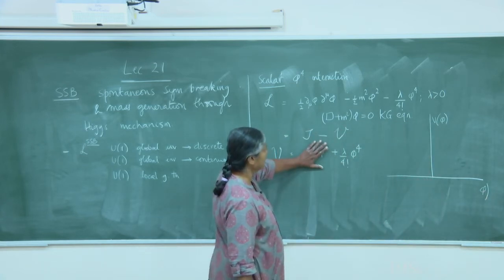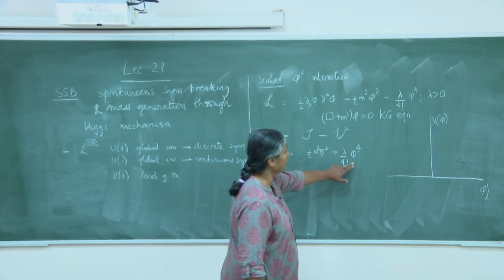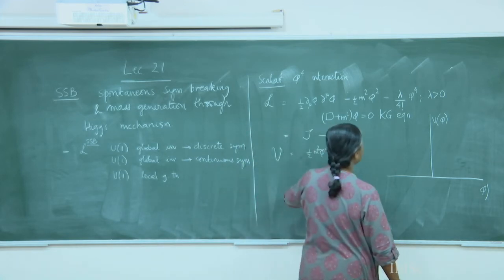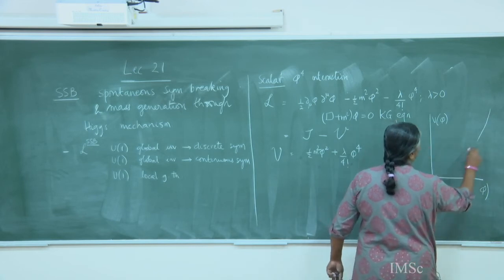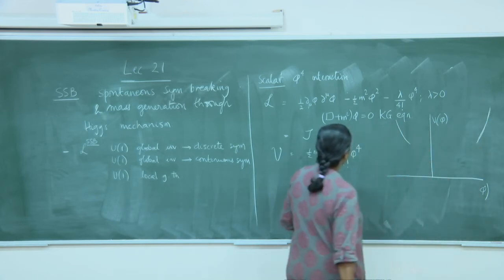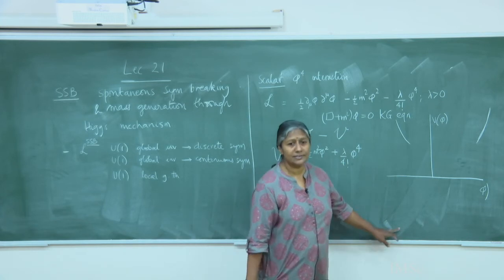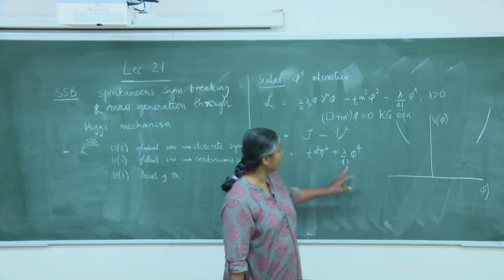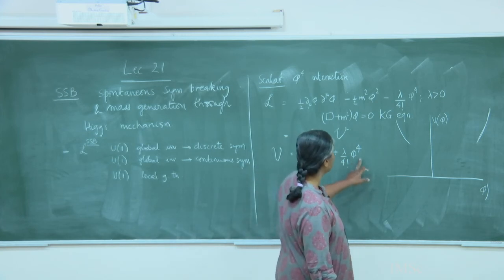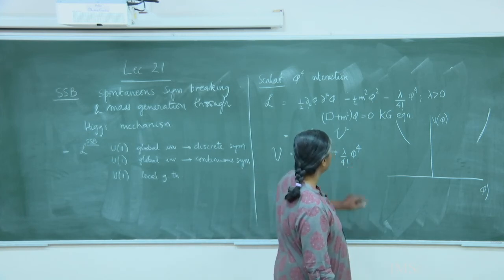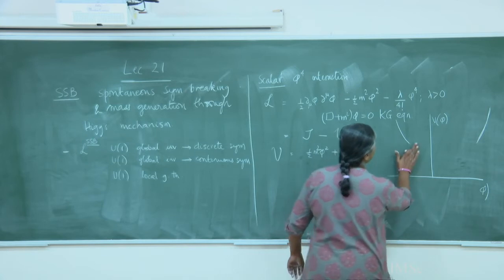If I didn't have a mass term, this is the phi to the 4 potential. If lambda is positive, this means that I have a bounded potential. If lambda is less than 0, then the potential is unbounded. So my lambda has to be greater than 0. The large phi behavior is completely determined by the lambda term. And now I just complete it for this.